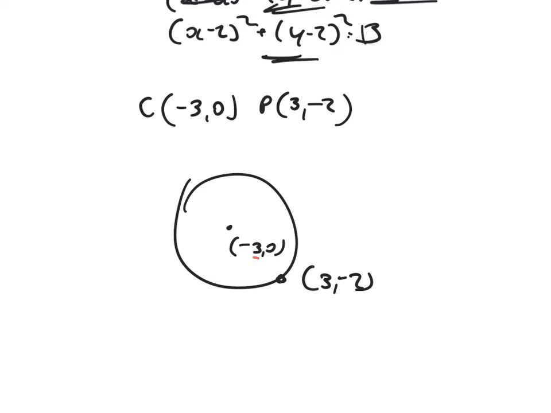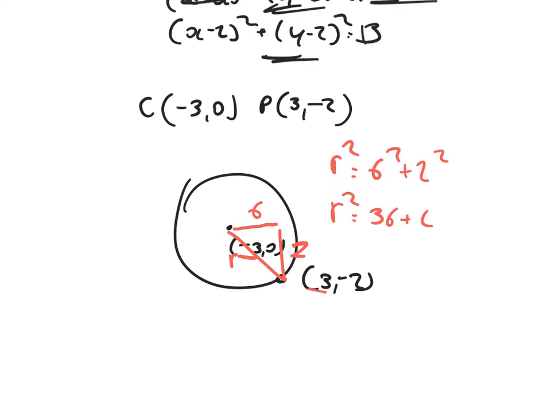To get from minus 3 along to 3, that would be 6 units along. To get from 0 down to minus 2, that would be 2 units down. So r squared equals 6 squared plus 2 squared. r squared equals 36 plus 4, and r squared is equal to 40.